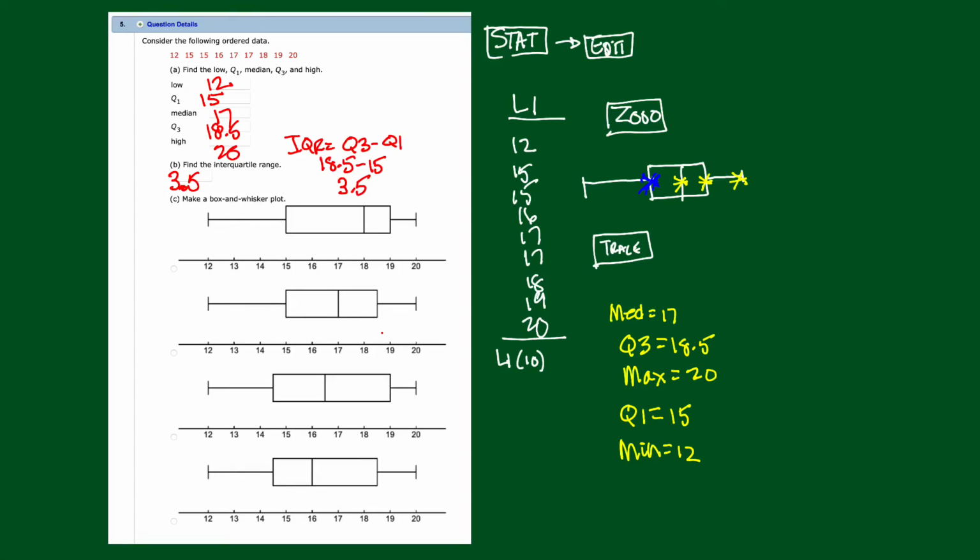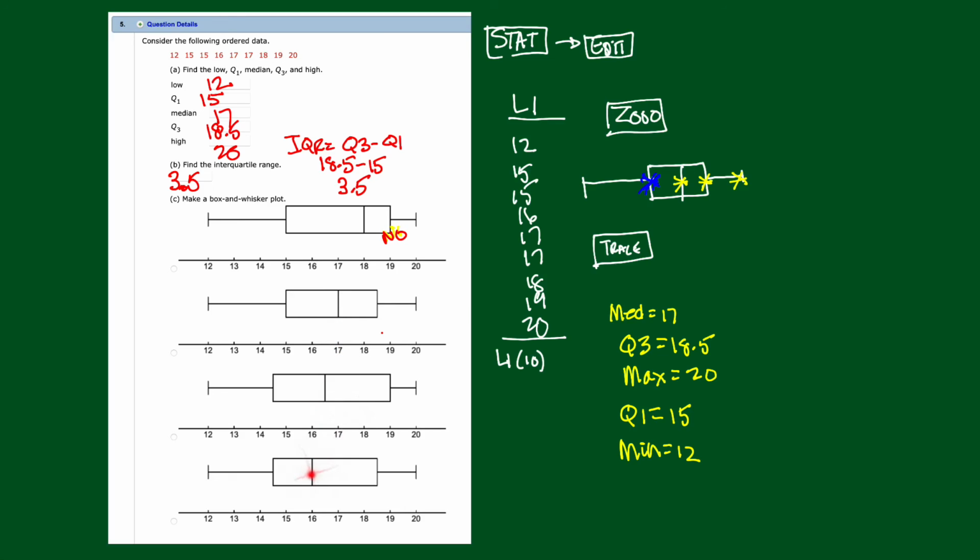Now I'm going to find the box and whisker plot, but I'm not going to do it by trying to match these pictures to my picture. Here's what I know. The median is 17. So look at these pictures and see if you have one that has a median of 17. No, this median is out. This one is out. What about this one here? Median is 17. That's a possibility.